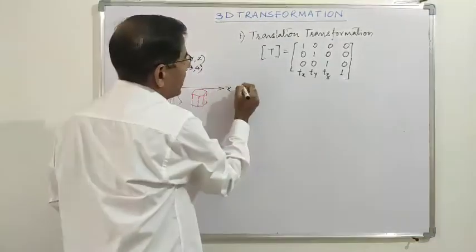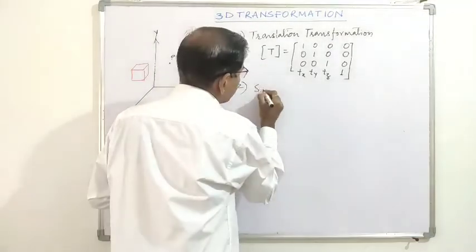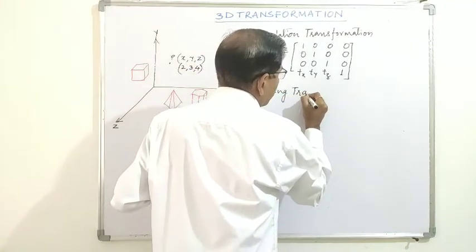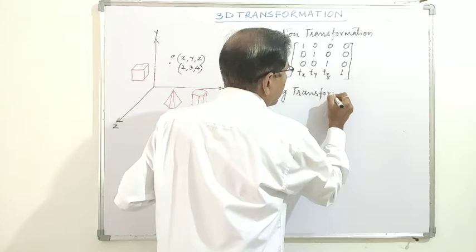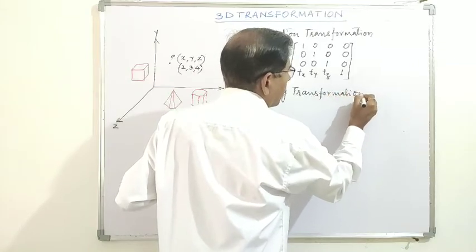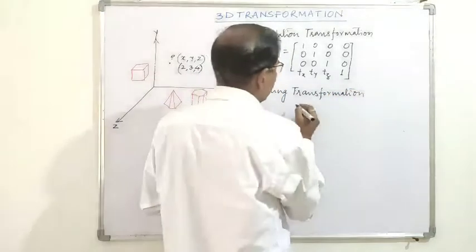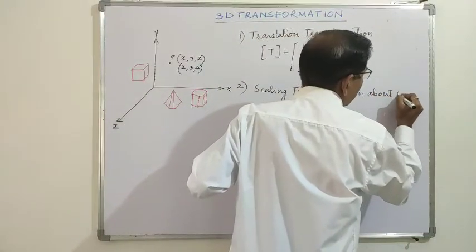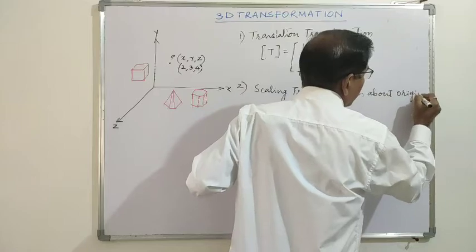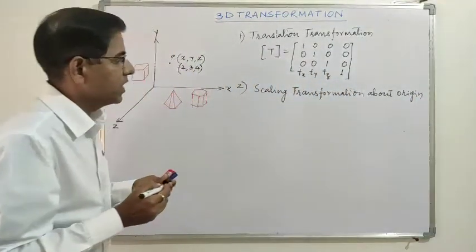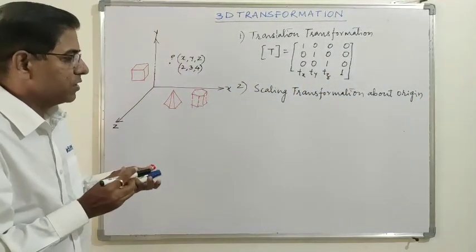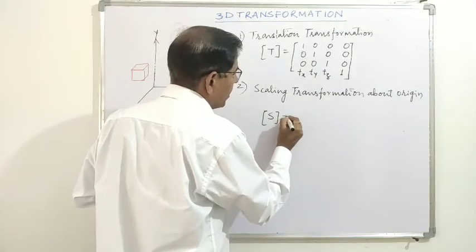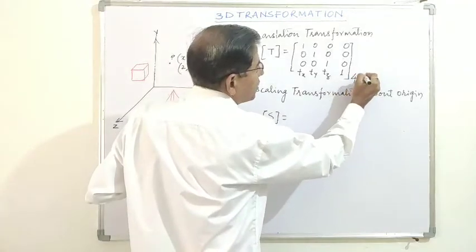Now second we'll see scaling transformation. Okay, so scaling transformation about origin. Here the size is 4 by 4.